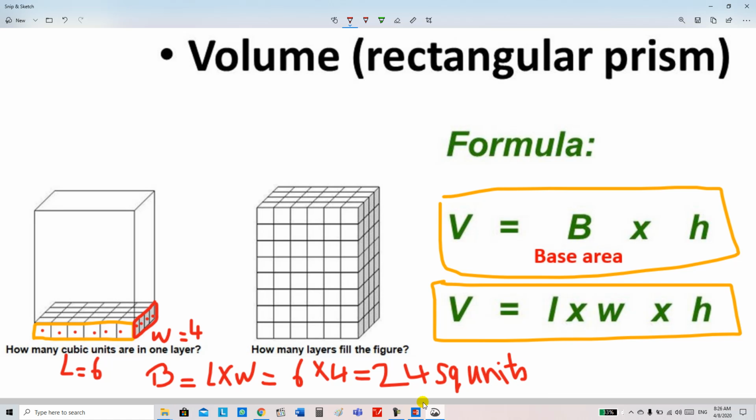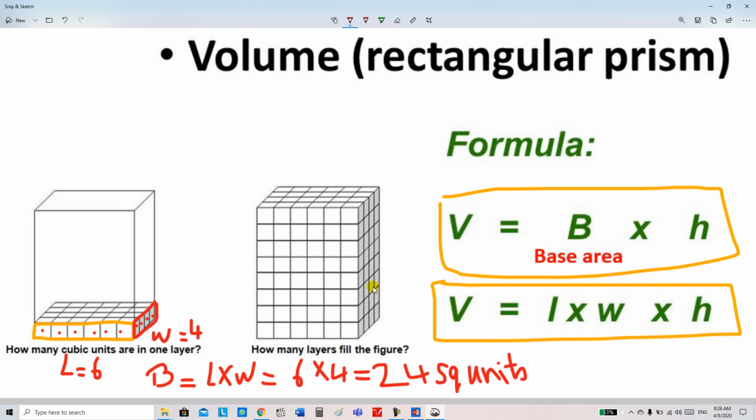Okay, now this is the base area, or the area of one layer. After that, if you want to get the volume of the whole figure, you have to multiply the base area by height.